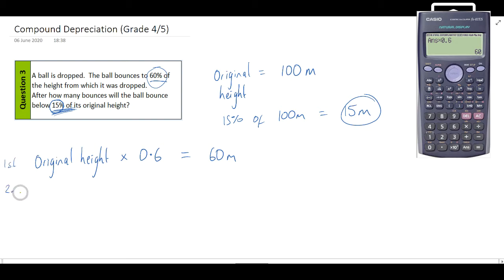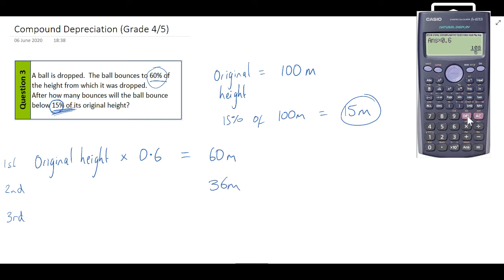What you can then do is just every time you press equals, that's now going to give you the height after the next bounce, and we're looking for the value that's below 15. So after the second bounce, it's not pounds, it's meters. The ball bounces to a height of 36 meters.